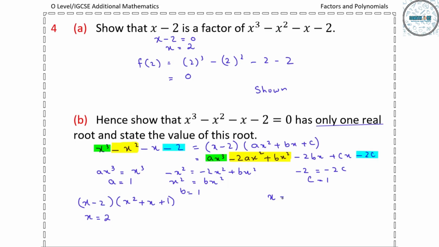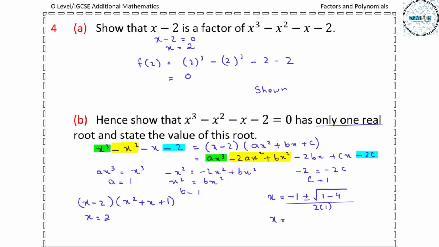x is equal to minus b, which means minus 1, plus minus under root b squared, which is 1, minus 4ac, 4 into 1 into 1, it is minus 4, divided by 2 into 1.